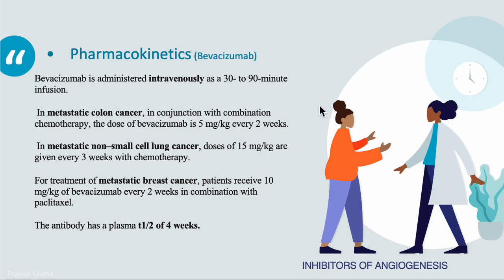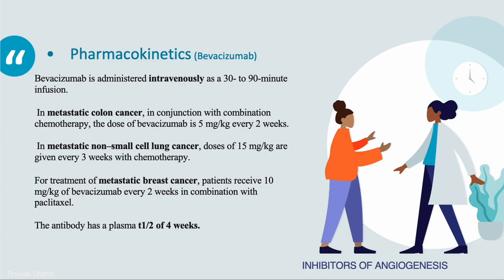The pharmacokinetics of bevacizumab: it is administered intravenously as a 30 to 90-minute infusion. In metastatic colon cancer, it is given in combination with chemotherapeutic agents at 5 mg per kg every 2 weeks.